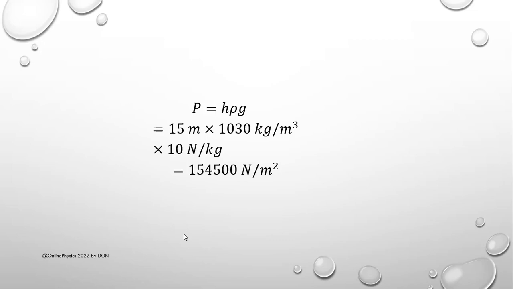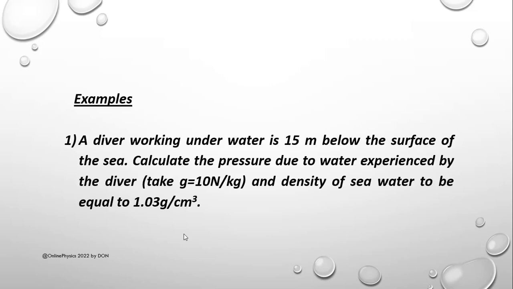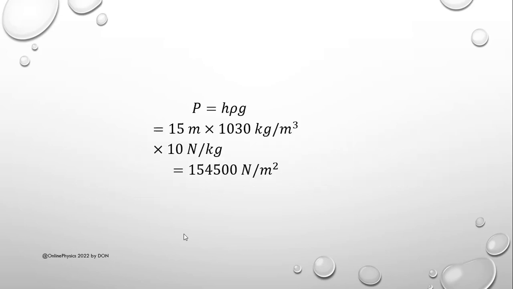The height is 15 meters, the SI unit for length, times the density, which has been given in grams per cubic centimeters. So we have to change that to kilogram per cubic meter. So we multiply by 1000. We have 1030 kilograms per cubic meter.